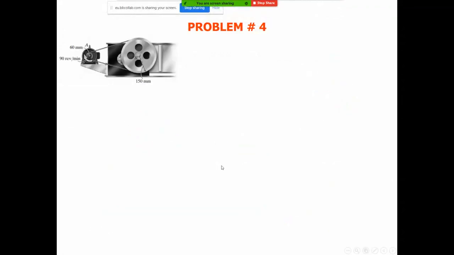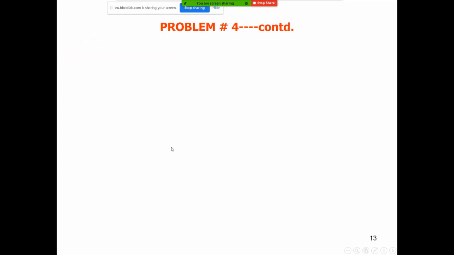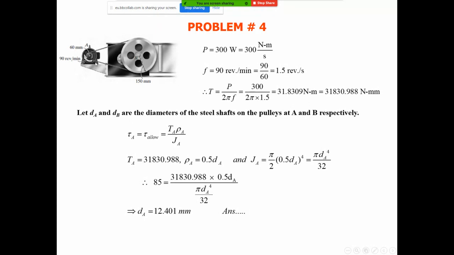So from here, I can calculate what will be the torque in this shaft at the point A. You will calculate the torque from this formula as he gives us all the information here. And then I will go to the shear stresses for the shaft at point A, calculated from this formula.